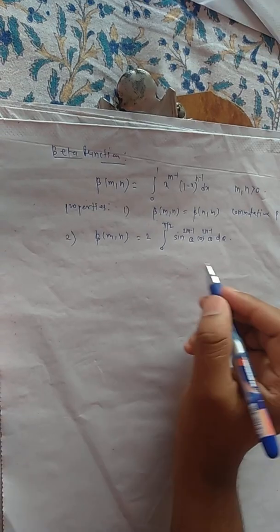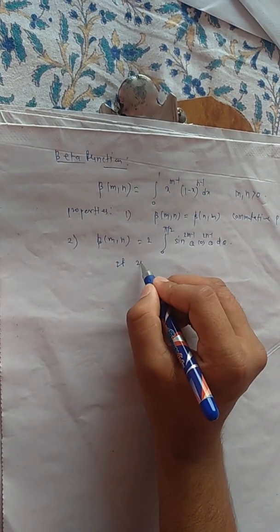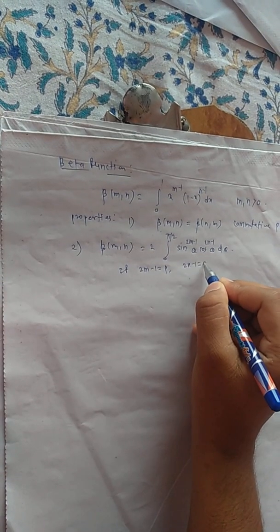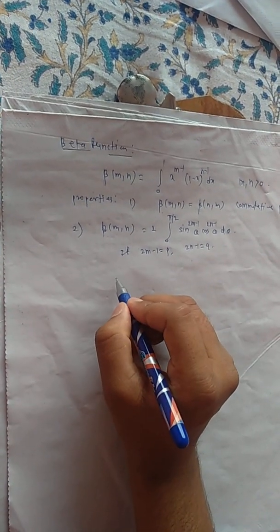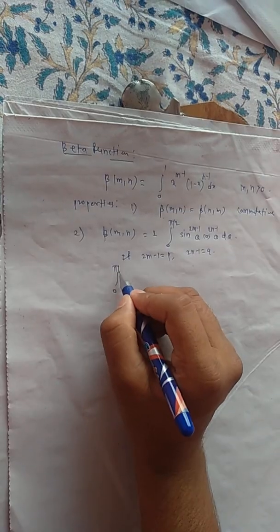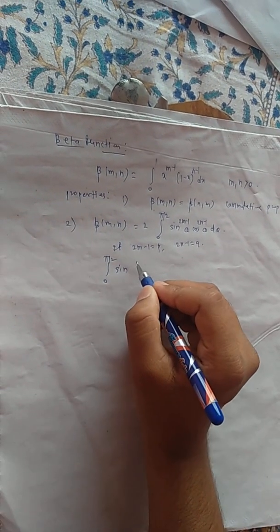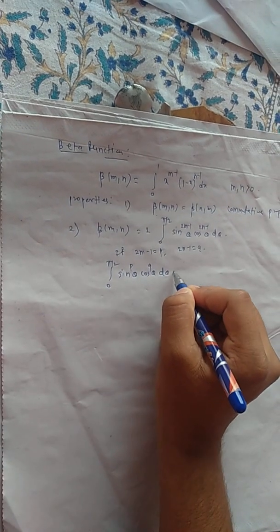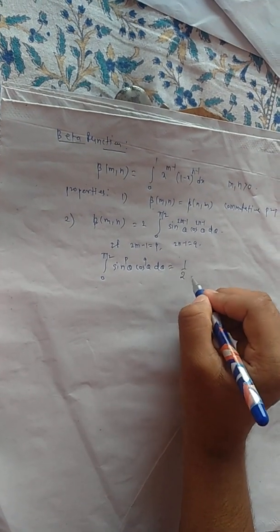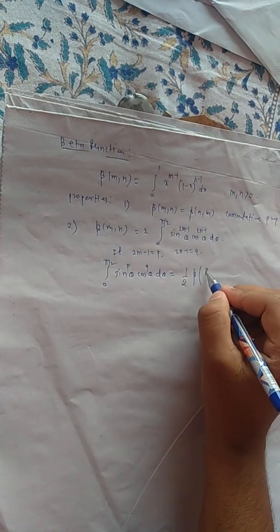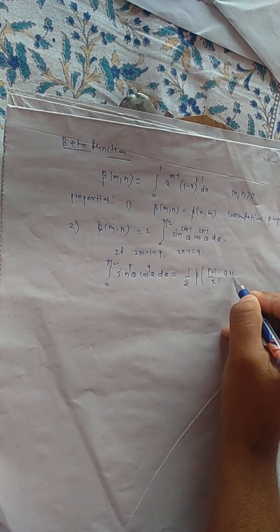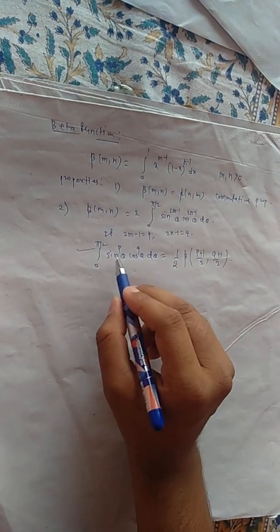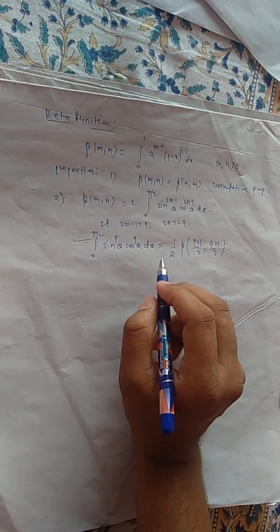If I put the value of 2m minus 1 is equal to p, and 2n minus 1 is equal to q, then we write the value of integration from 0 to pi by 2 of sine raised to p theta, cos raised to q theta d theta, which is equal to 1 by 2 times beta((p plus 1) by 2, (q plus 1) by 2). Fine, this is a very important property of beta function.